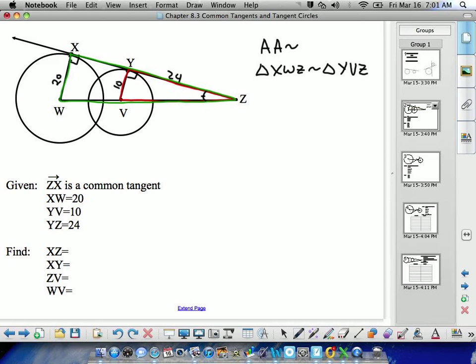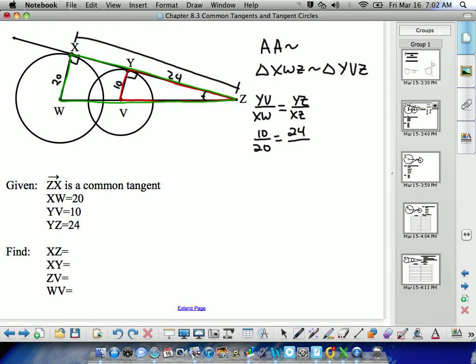First, let's do XZ. We know YV over XW should be proportional to YZ over XZ. So now let's just fill in and solve. XW was 20, YV was 10, YZ was 24.